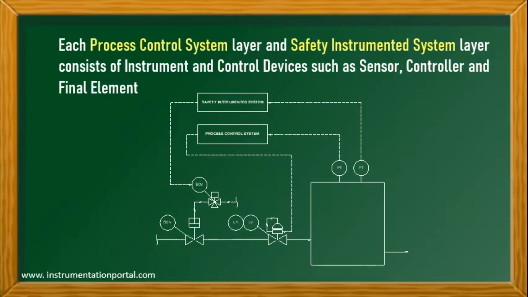In this picture, there are a pressure transmitter and control valve that are part of the PCS, and there are a pressure transmitter and shutdown valve that are part of the SIS. Control system for the safety instrumented system must be programmed by entering the logic that is specified in the shutdown logic diagram.